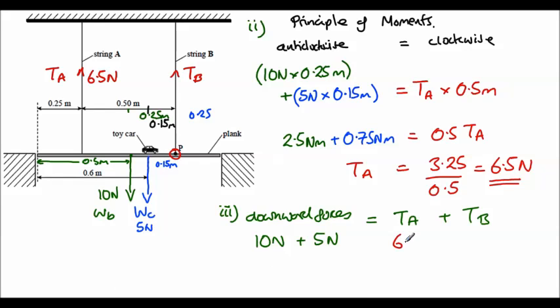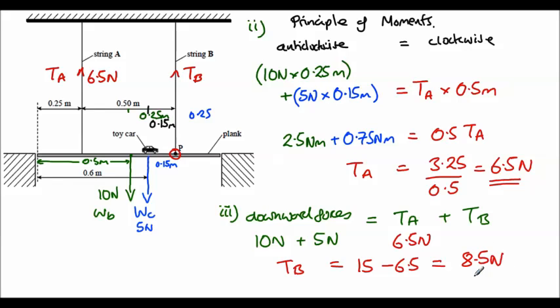It's 6.5 newtons. So we end up with TB being 10 plus 5, 15, minus 6.5, which equals 8.5 newtons.